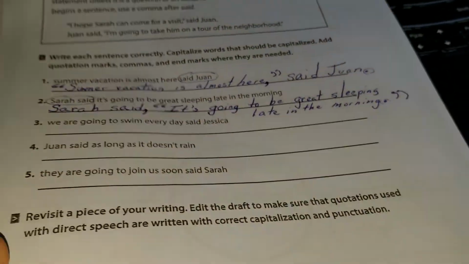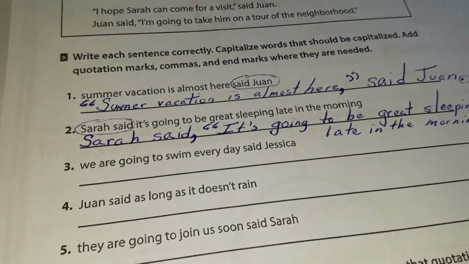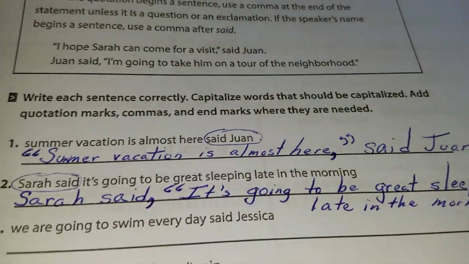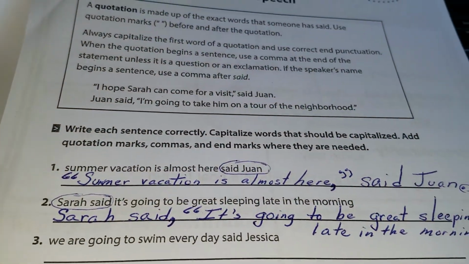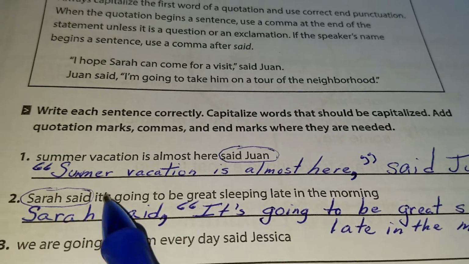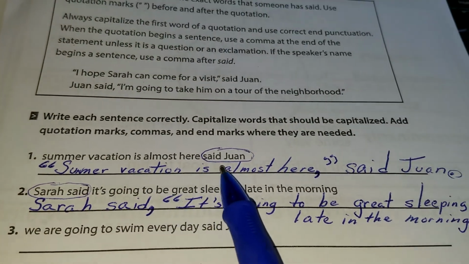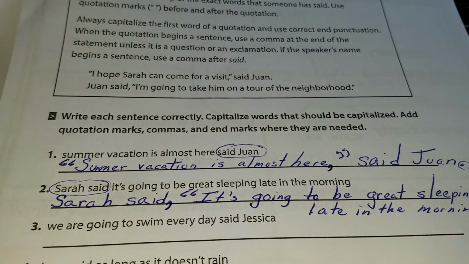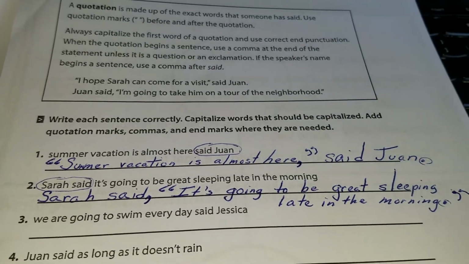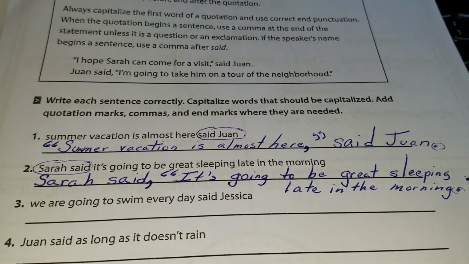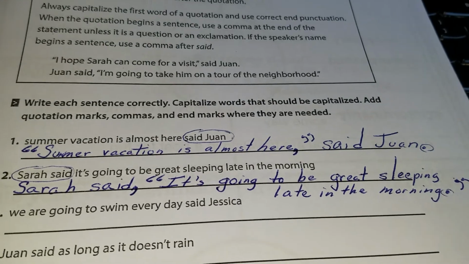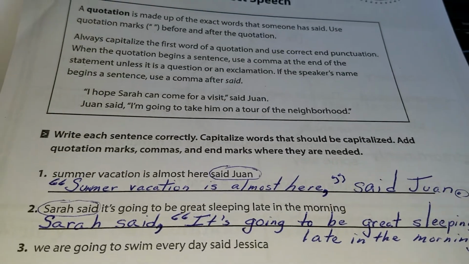All right, so now on the practice page, we have to write each sentence correctly, and yes, you have to write out the sentence. So it said, summer vacation is almost here, said Juan. Now, if it had said exclaimed Juan or yelled Juan, I would have changed it to an exclamation point, but it's not. It just says said. So this is how I did it.